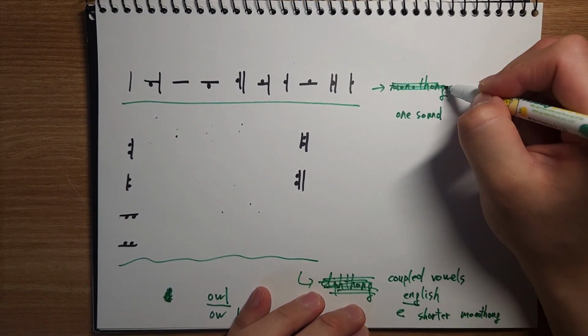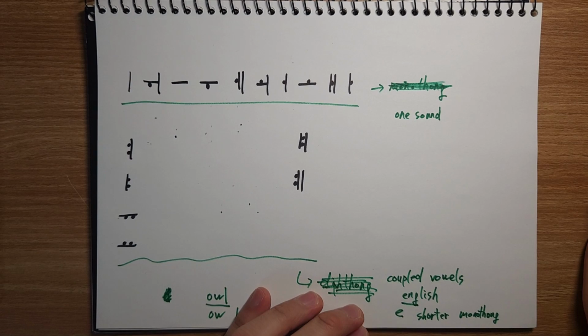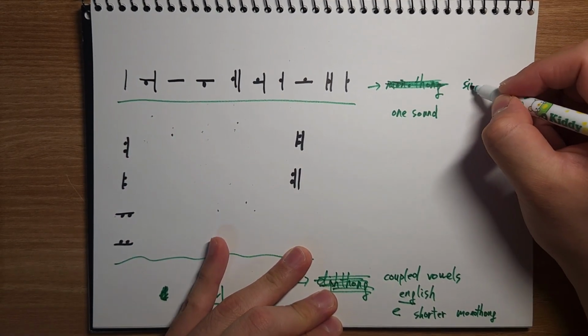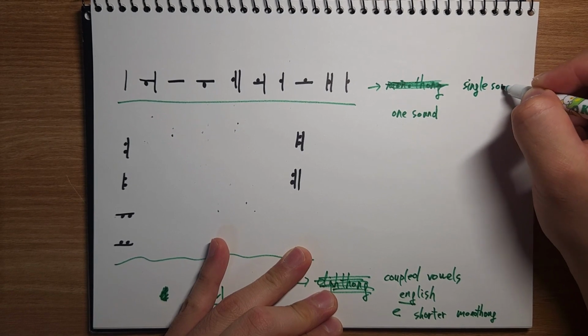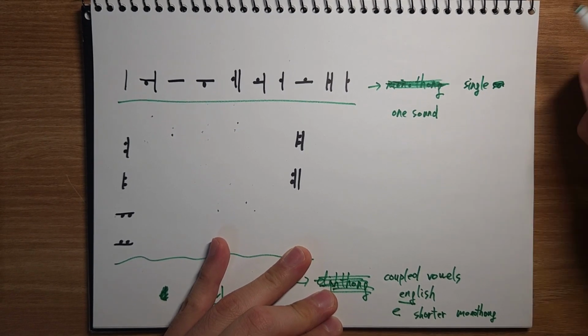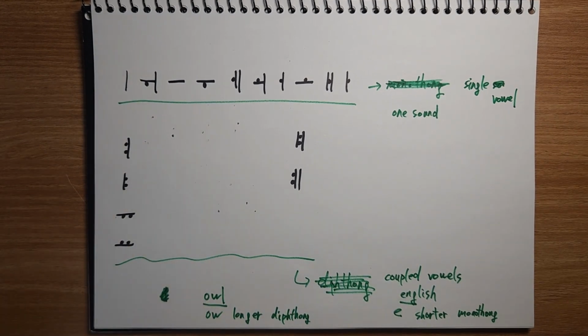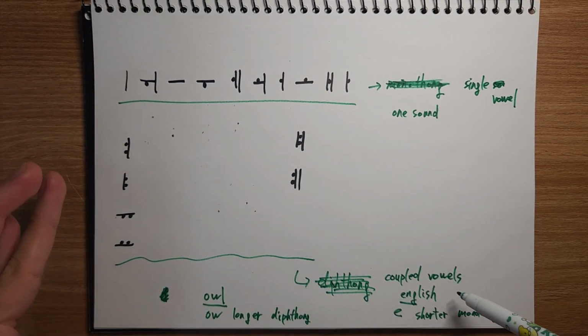And I want to say monotone is single sound, single vowel. So single vowels and coupled vowels.